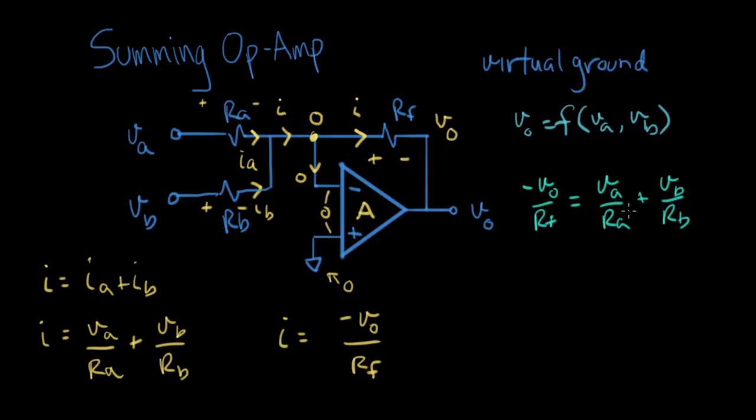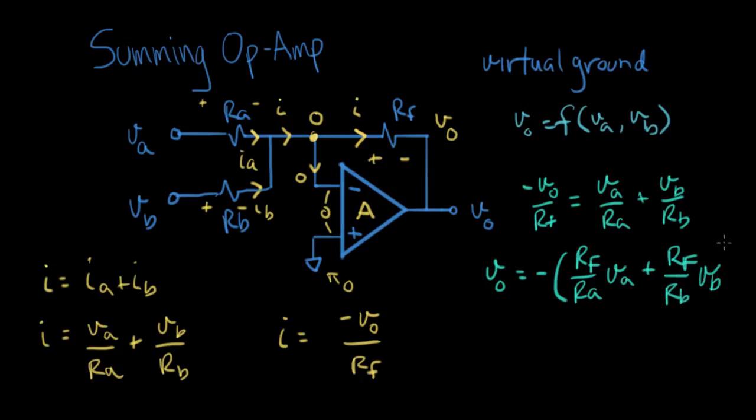I'm just going to multiply through by RF on both sides, and we get V out equals, take the minus sign with us, minus RF over RA times VA plus RF over RB times VB. So that's our answer. That's V out as a function of VA and VB, the two inputs.